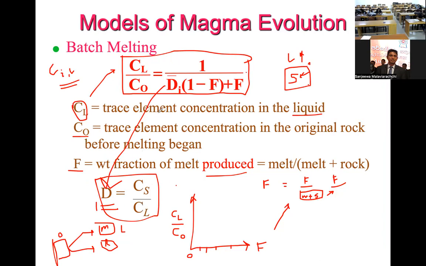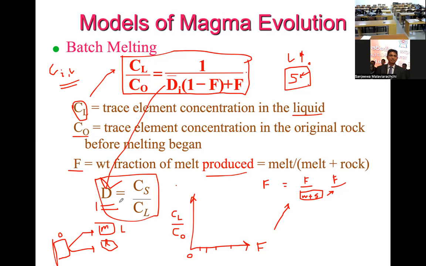Don't get confused with CL, CO and CS. These are two different things. In this equation, CL means the concentration of that element in the produced liquid, and CO means the concentration of that element in the original source.